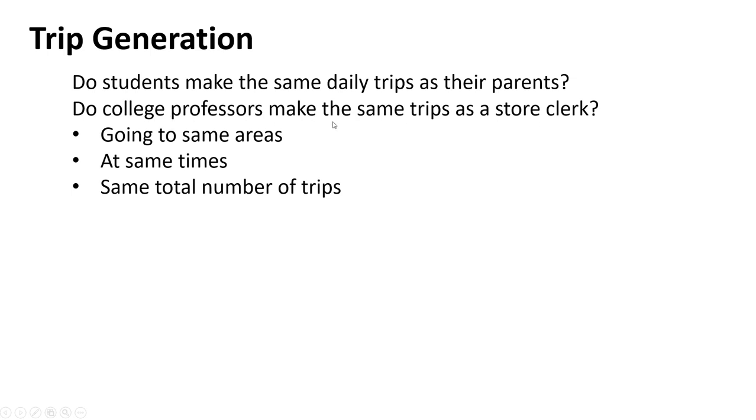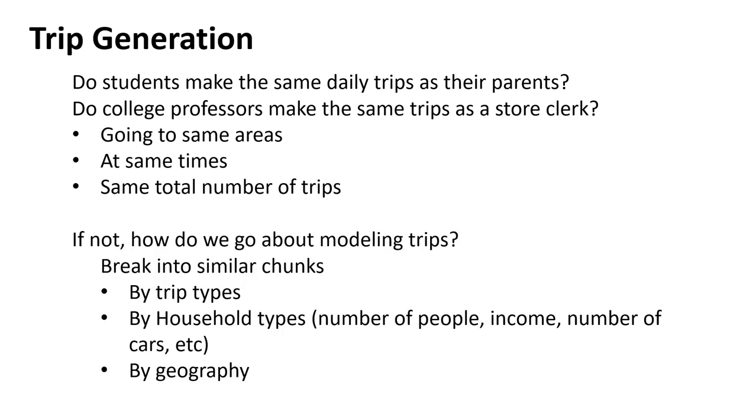Again, we're trying to do the best we can with limited information, but one way we can work through this is we can break things down by categories, right? And so we try to get similar groups. One way we do it is we can break it out by trip types and say, well, let's just look at work trips, right?